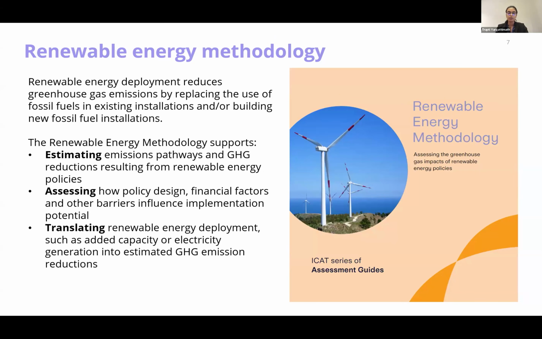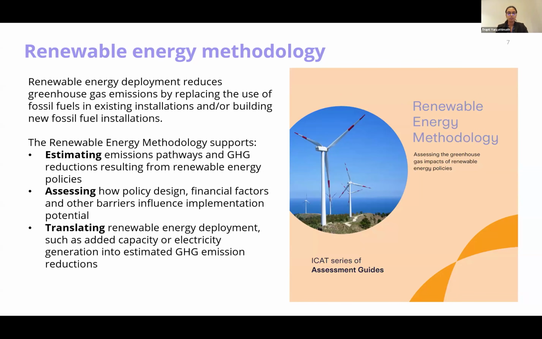As Mahit was also mentioning earlier, we know that renewable energy has significant potential to reduce emissions by replacing fossil fuel-based energy generation, and it is expected to play a major role in achieving emission reductions in the coming decades.